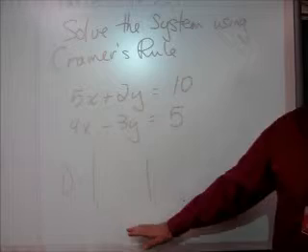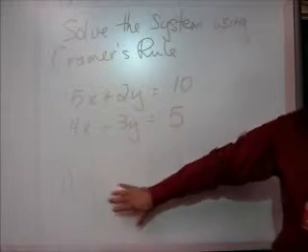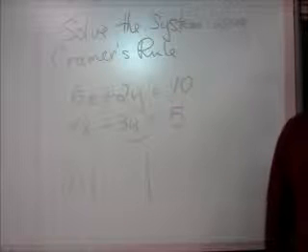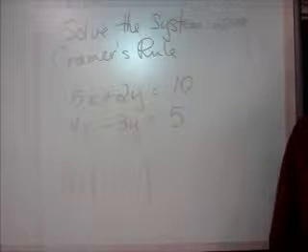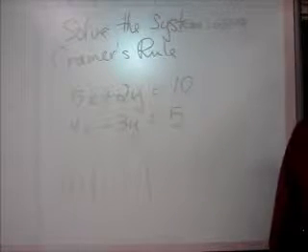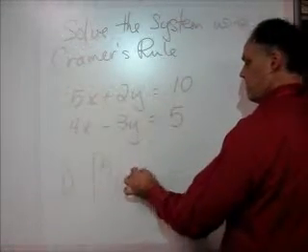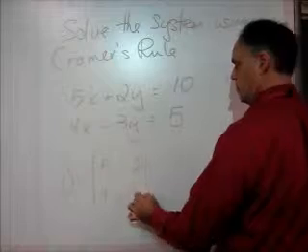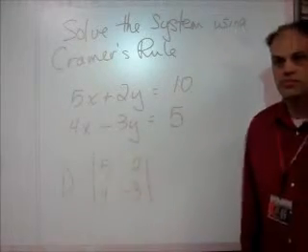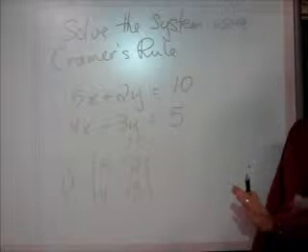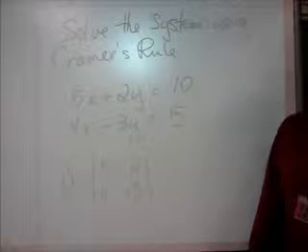So I want you to write down what you think the numbers are that go into this determinant. How many of you have something that looks like this determinant right here?